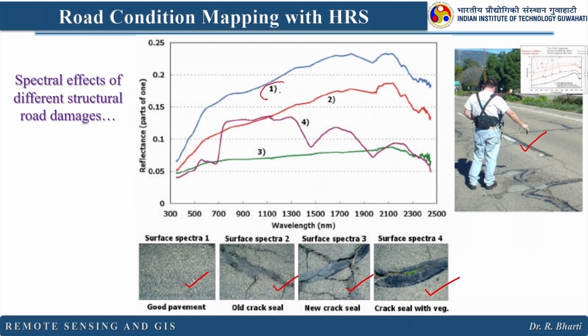So, the first one belongs to good pavement, 2 belongs to old crack seal, 3 belongs to new crack seal, which is this one, and 4th belongs to crack seal with vegetation, which is this one. So, when this vegetation is coming into the picture, the vegetation spectral feature is also coming here, right. So, it is very easy to identify the condition of the road using this hyperspectral remote sensing.